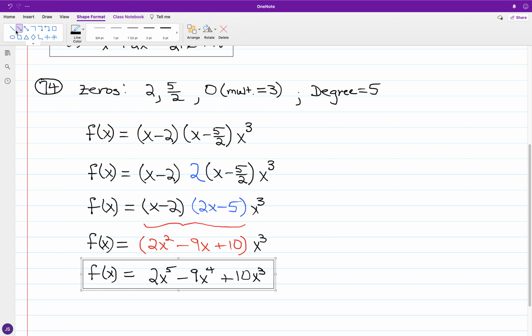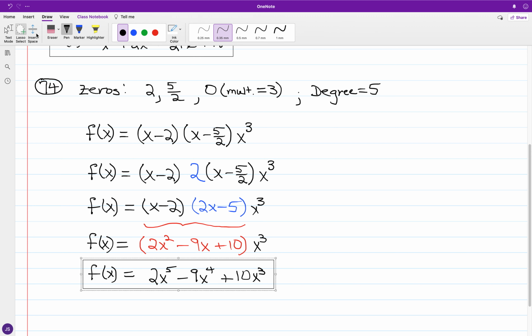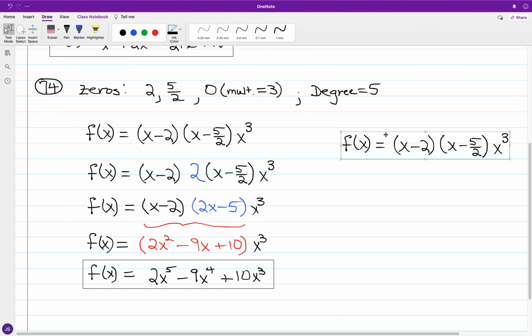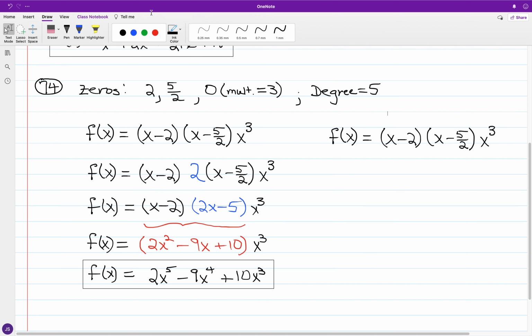And had I kept the original expression, and just multiplying what we have at the moment. So for f of x, if I just work with the original expression, without modifying the factor in the middle, I have x squared.